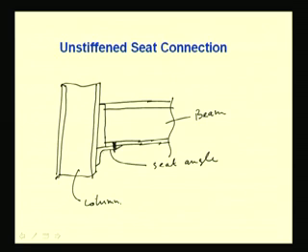Basically this has to be designed. So this has some connections with the column and with the beam, and some nominal diameter of rivets are provided here with a nominal angle, which is called the cleat angle. This cleat angle we generally make with nominal size.